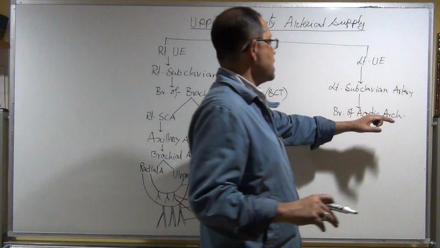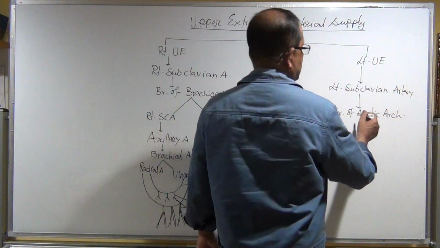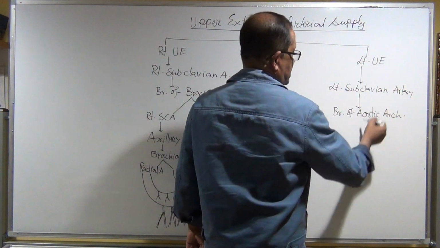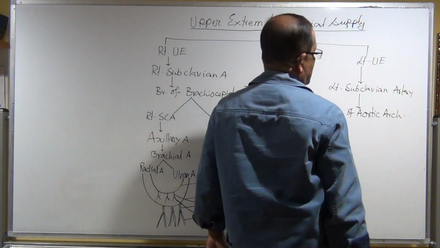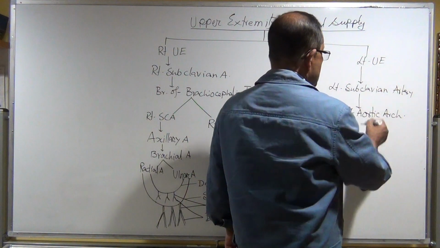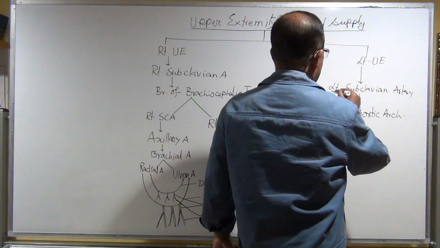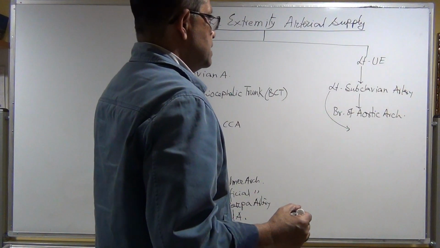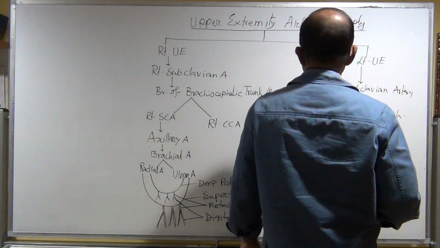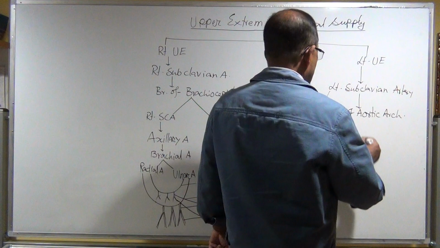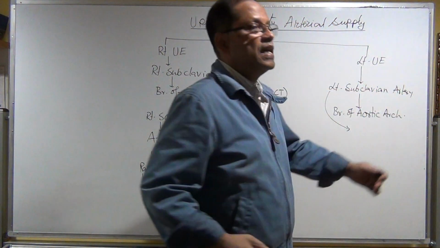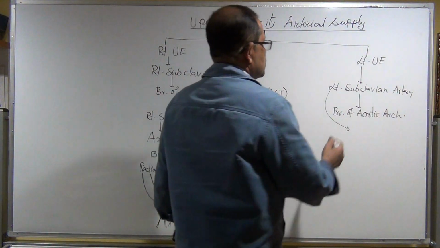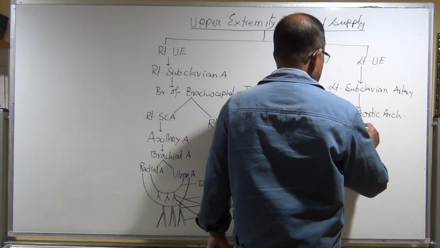So this left subclavian artery goes to supply the left side of the upper extremity.